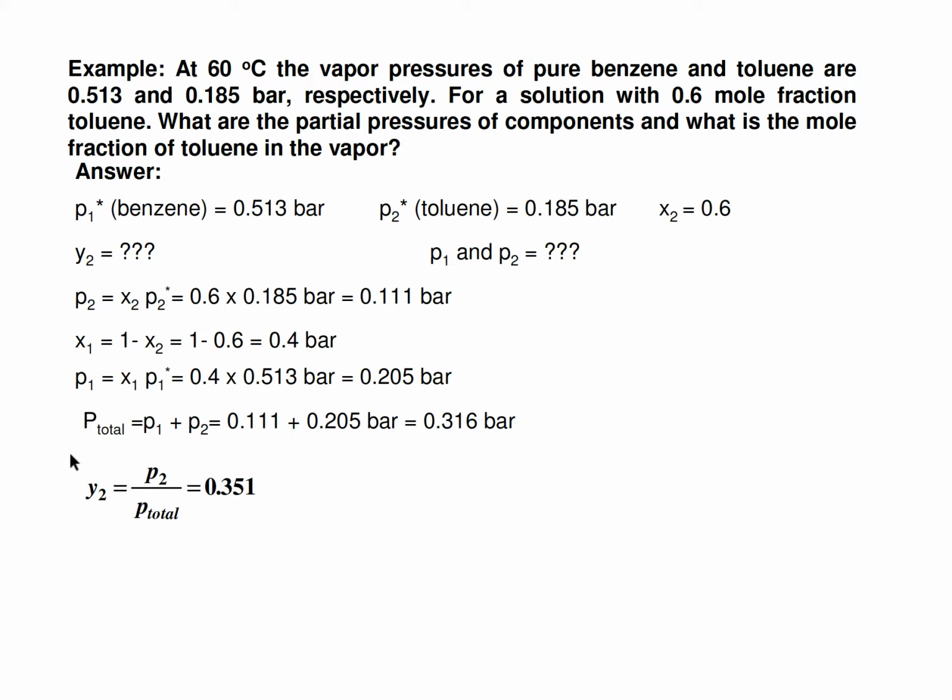After several rearrangements, we have Y2 equals to P2 per P total, so we have 0.351. Sorry, that is the mole fraction. So this is the partial pressure of the components P1 and P2, and we have P total, and then this is the mole fraction of toluene.